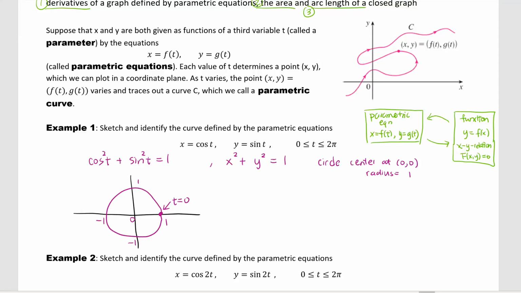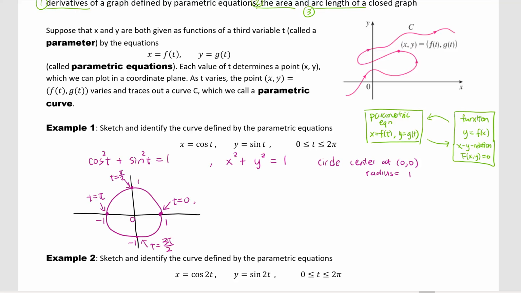Okay, and then when t equals pi over 2, cosine pi over 2 is 0 and sine pi over 2 is 1. So we're at the point (0, 1). When t equals pi, we're at the point (-1, 0). When t equals 3 pi over 2, we're at the point (0, -1).